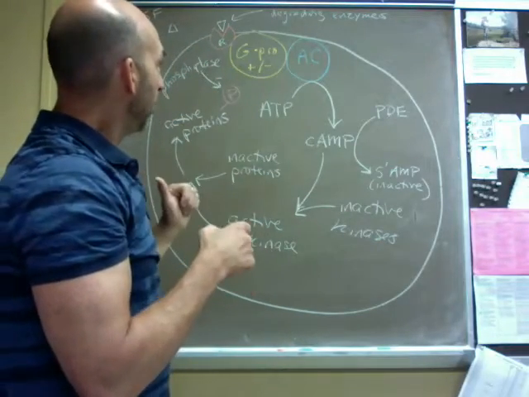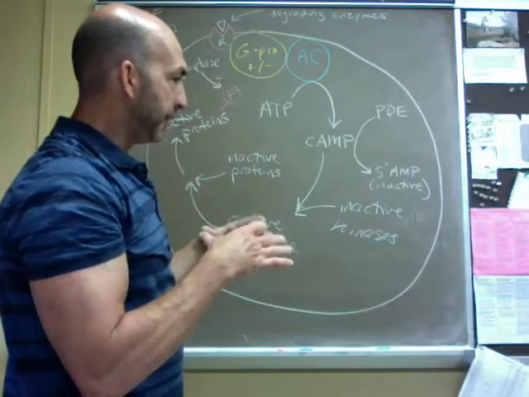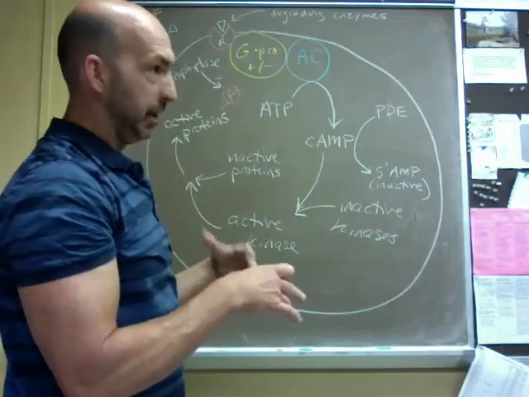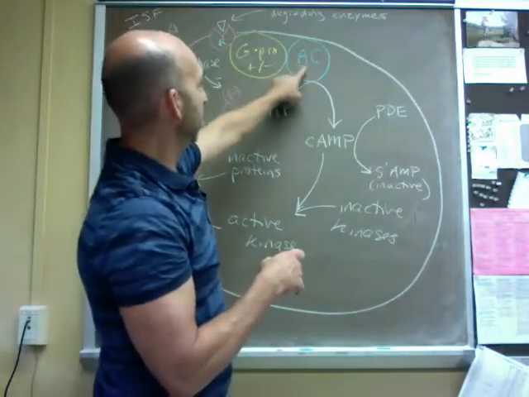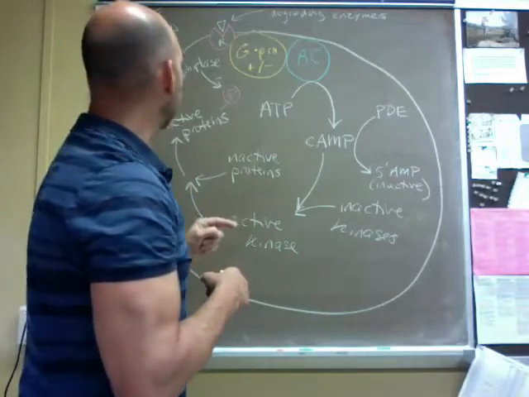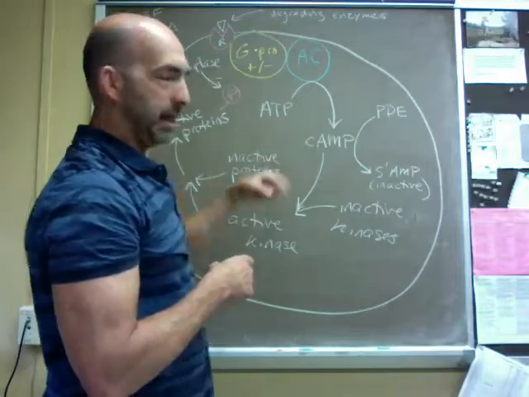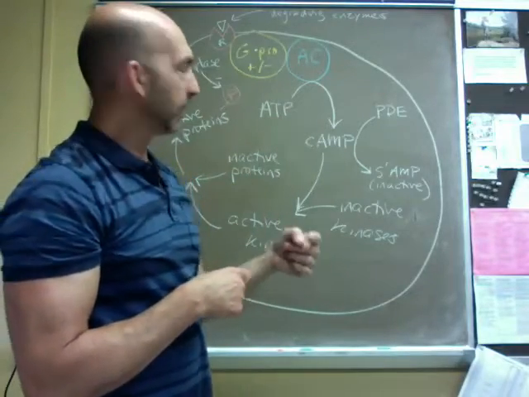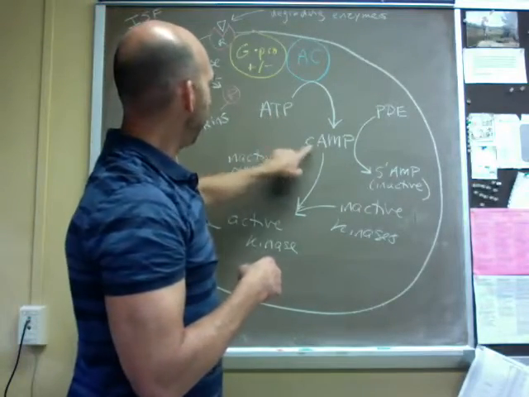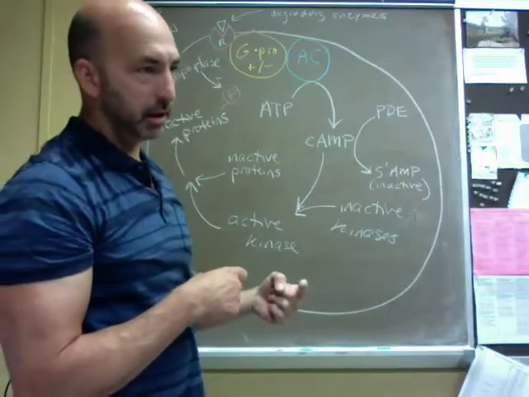Now, if we were to go to a different cell, or even a different receptor, it might not be adenylate cyclase that the G protein is linked to, it might be guanylate cyclase. Well, guanylate cyclase doesn't act on ATP, it acts on GTP. And then you don't get a product called cyclic AMP, you get a product called cyclic GMP.